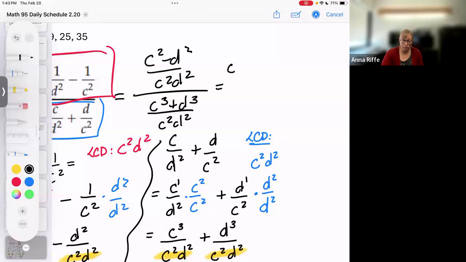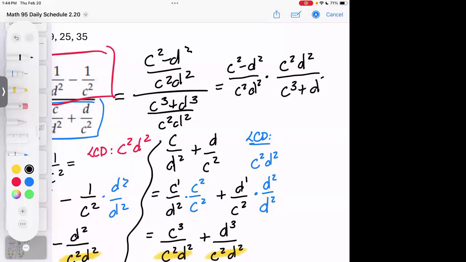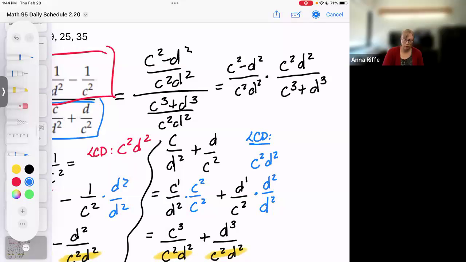Yes, exactly. So whenever you write it as multiplication, you will invert the fraction. So it'll be times c squared d squared over c cubed plus d cubed. And I would immediately see that those will cancel because they're the same.